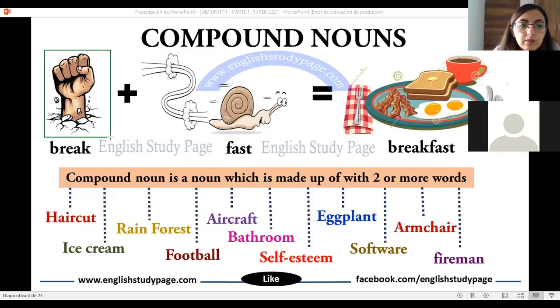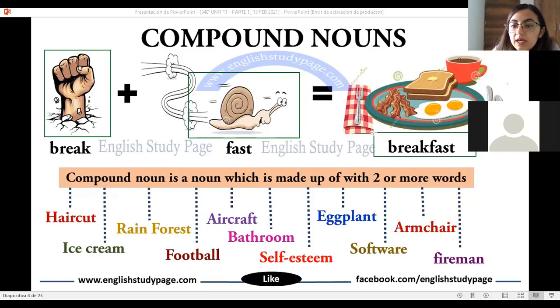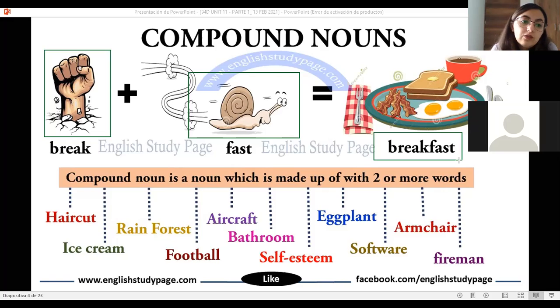We have the word break plus the adjective fast, and look what we have as a result. As a result, we have a new different word with a new different meaning. Si tenemos uniendo estas dos, tanto el verbo break como el adjetivo fast, pues obtenemos una palabra.